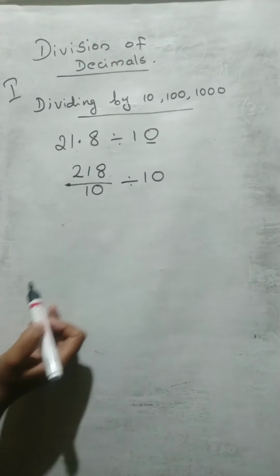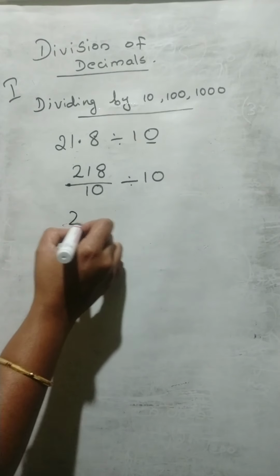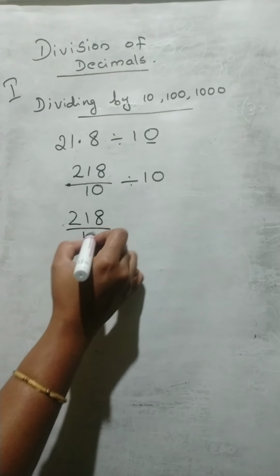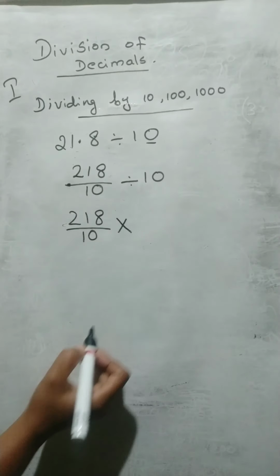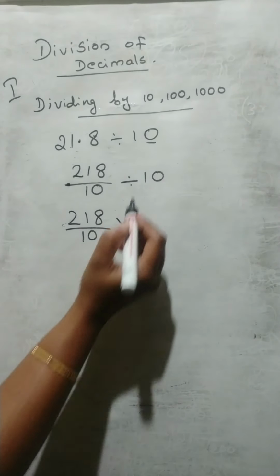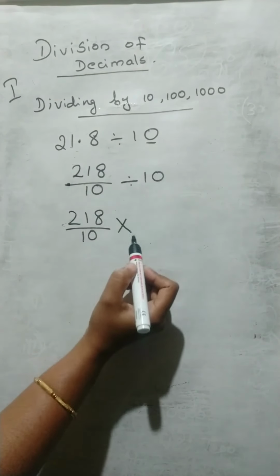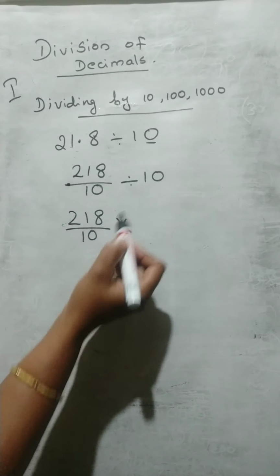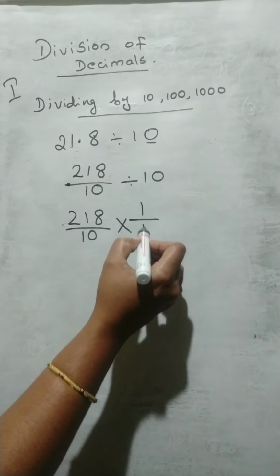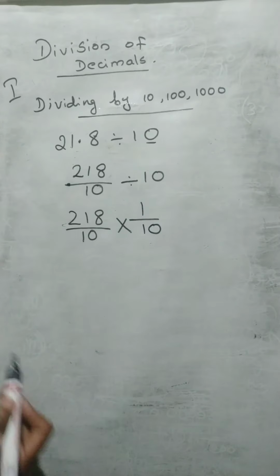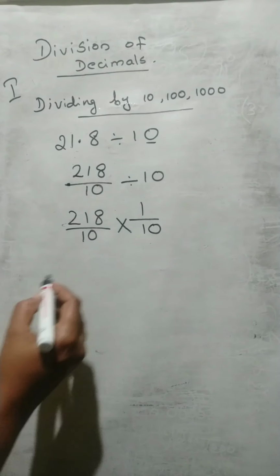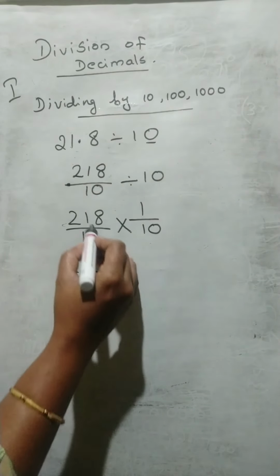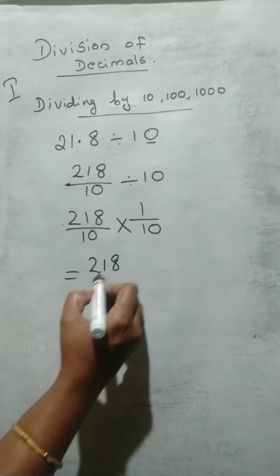Here the divisor is 10. Then 218 on 10 multiplied by the reciprocal, since we are dividing by 10. We take the reciprocal of 10, that is 1 on 10. Then multiply that. Then 218 multiplied by 1 is 218 itself.